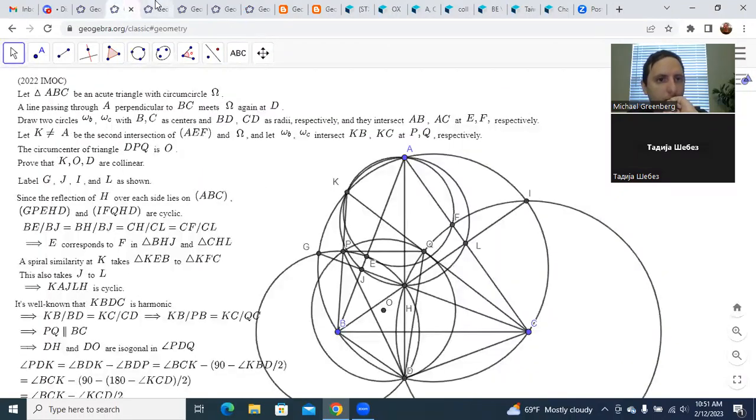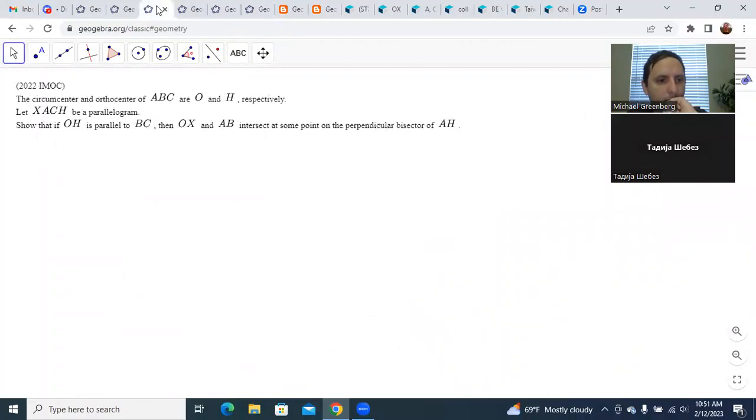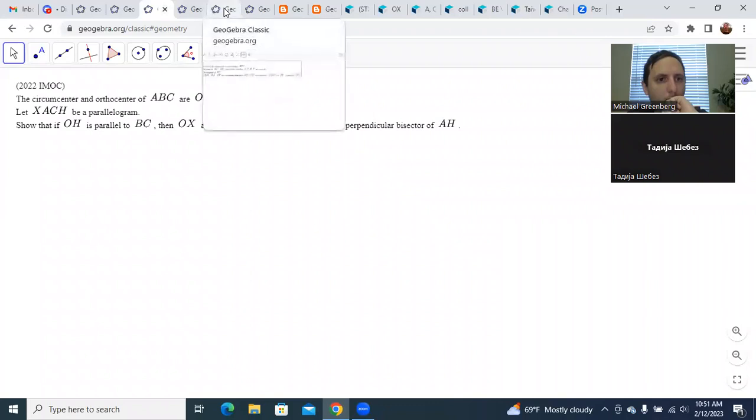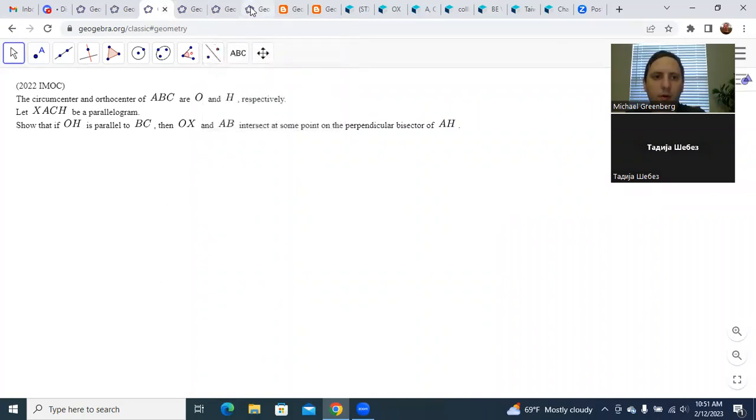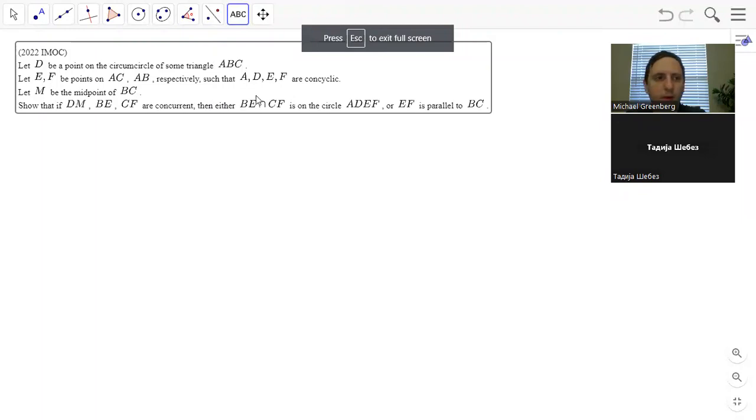So yeah, we can either try this one or this one. Or we can look for other problems. Either of you have a preference? Otherwise, I could just go on with this one. All right, I'll try this one.